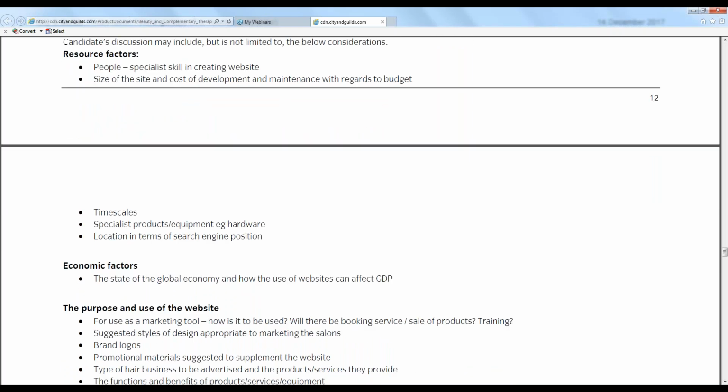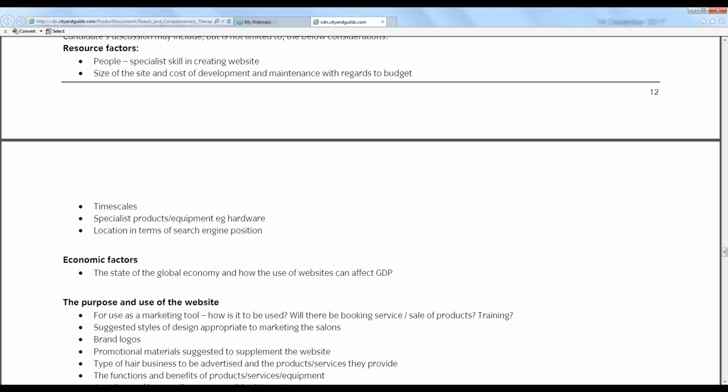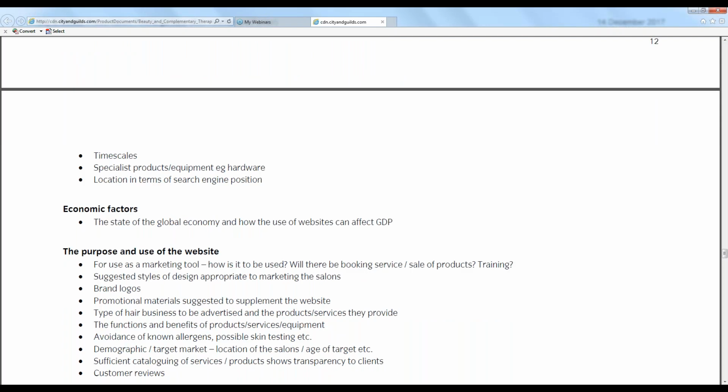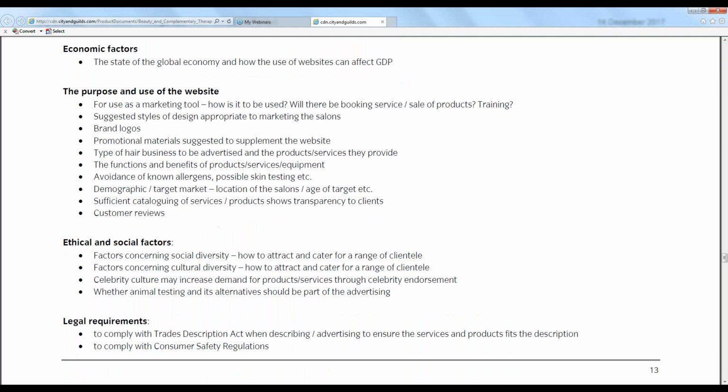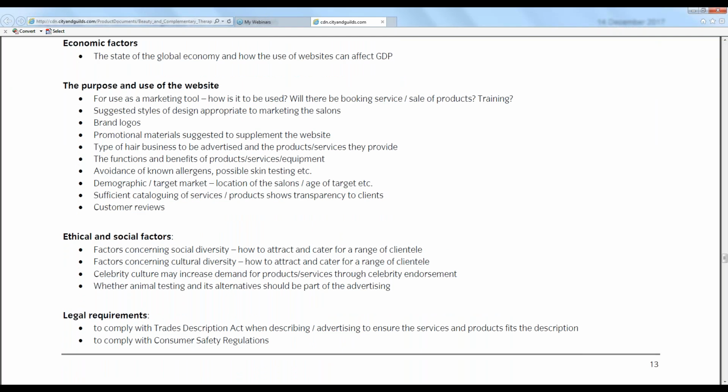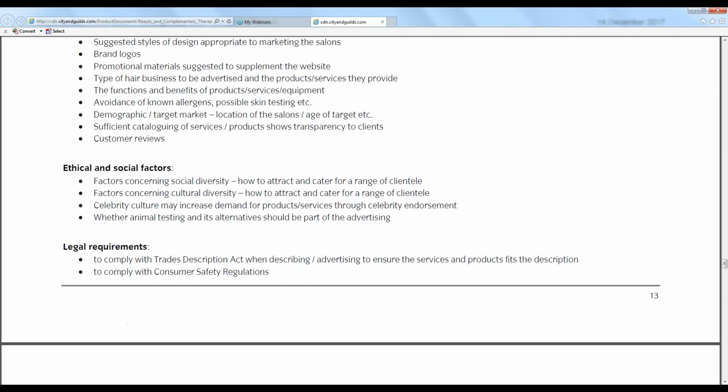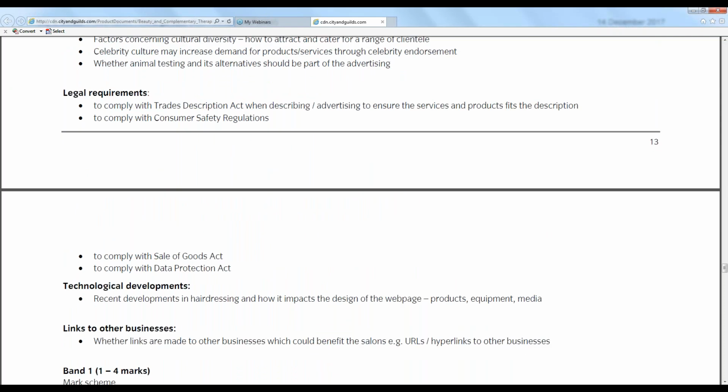Then you've got another heading that they need to consider, economic factors. Then the purpose and the use of the website, the ethical and social factors, your legal requirements, technological developments linked to other businesses.